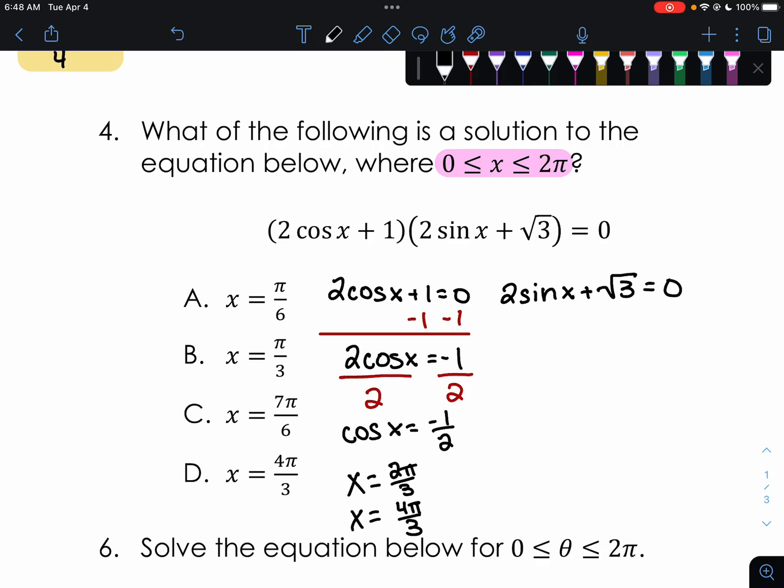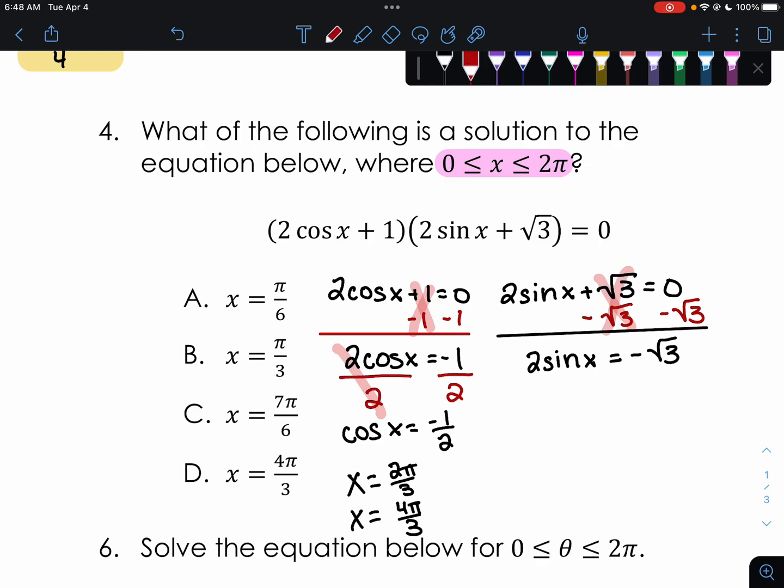Then I do the exact same thing and solve my second equation. This time I'm going to subtract rad 3 from both sides, and those cancel out. I forgot to mark those out over there. It leaves me with 2 sine x equals negative rad 3.